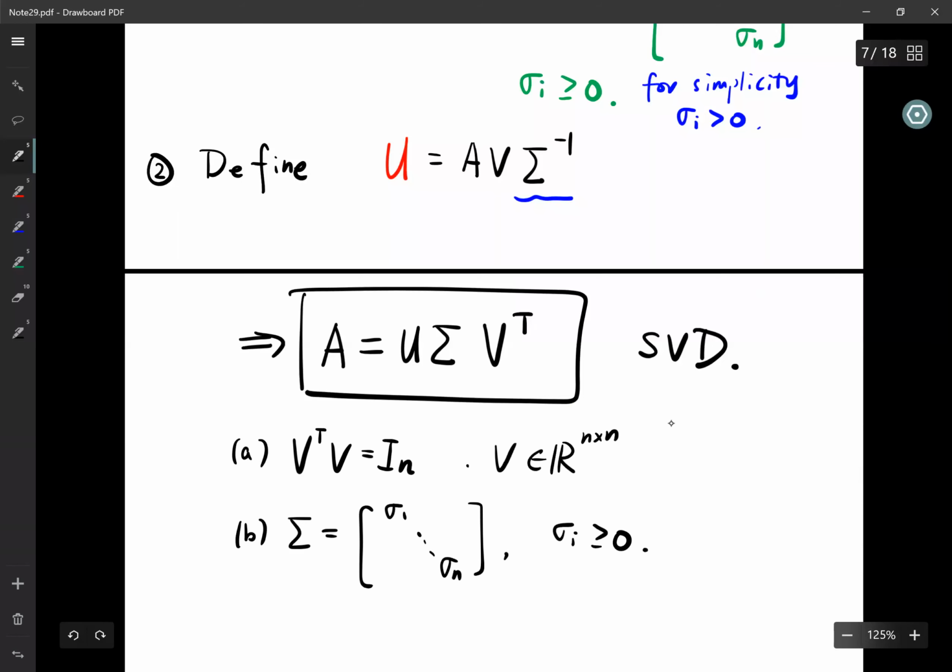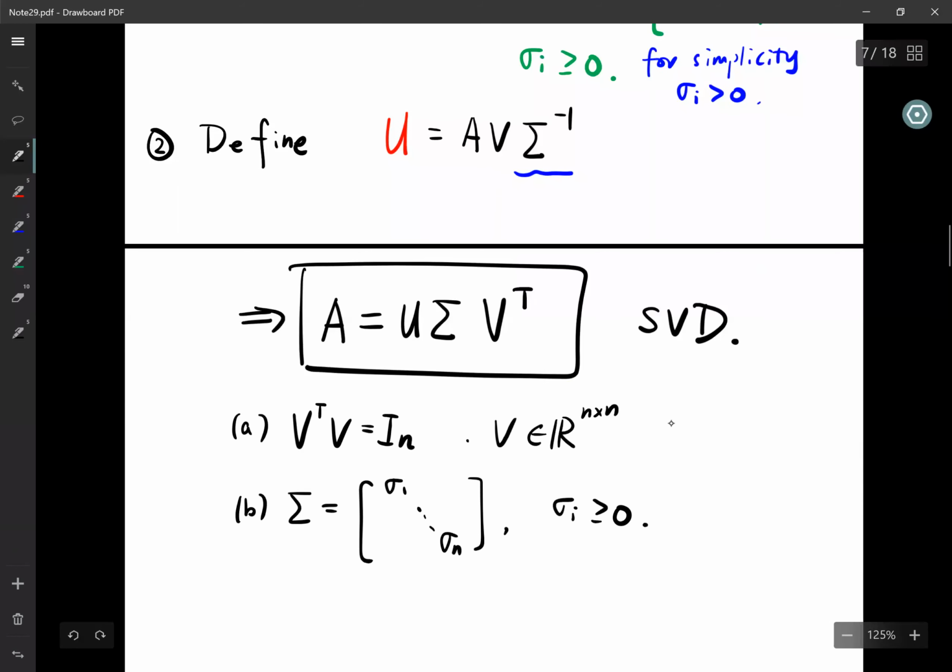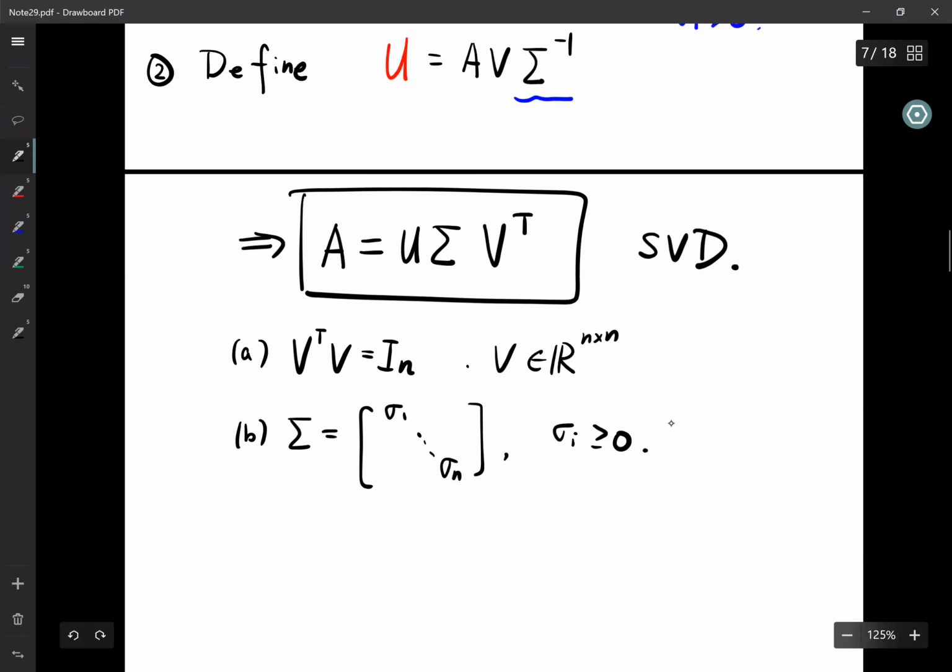When there's a 0, we need to do something else. For simplicity, I'm not discussing that. C, this U is also an orthogonal matrix, which is an m by m orthogonal matrix.